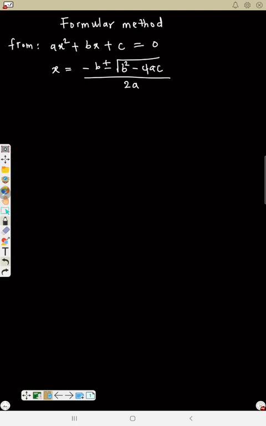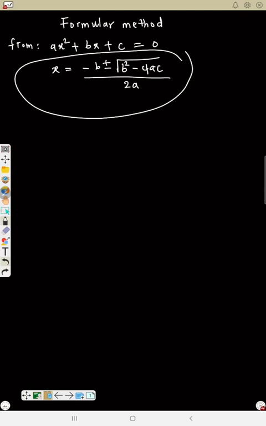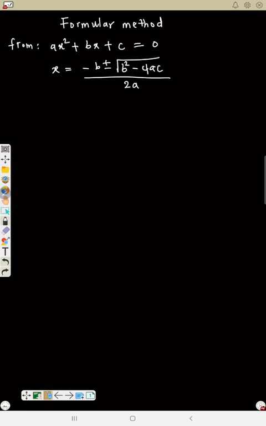So we've shown this now. This is the quadratic formula. So example: let's solve a question now using the quadratic formula.